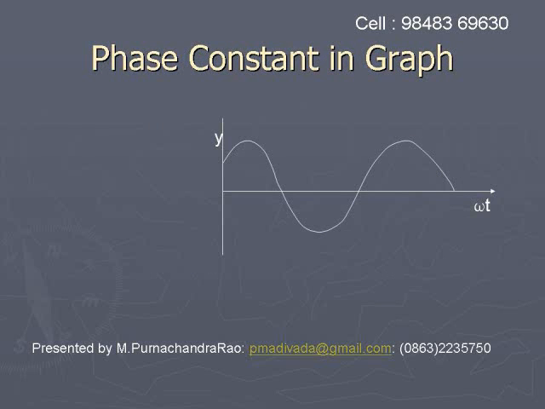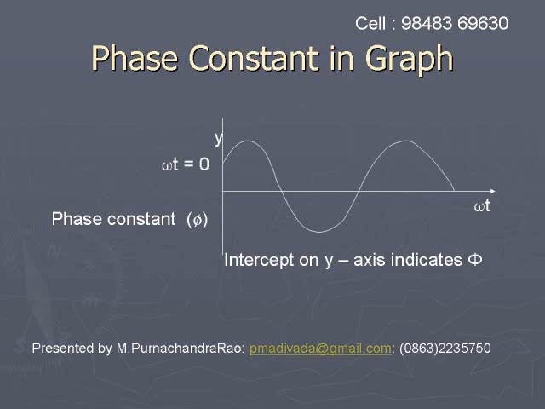Concept of phase constant in graph. Let us observe the graph. In this graph, at the time t is equal to 0, the displacement is not 0 nor maximum. At time t is equal to 0, omega t is 0. When omega t is 0, from the graph, the displacement of the particle is not 0.